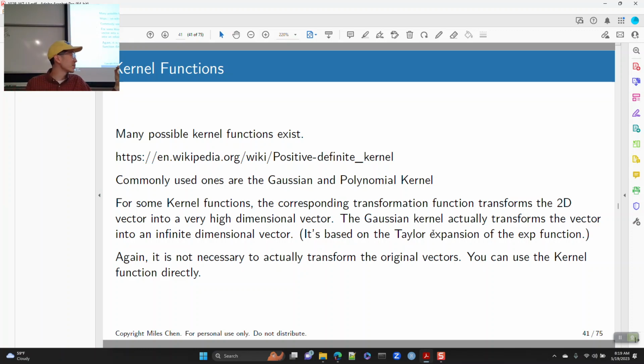It's based on the Taylor expansion of the exponential function. When did you learn Taylor expansions? 31B, maybe something like that. So you have these infinitely long Taylor expansions, and technically each of those elements could correspond to one of the elements in our thing.